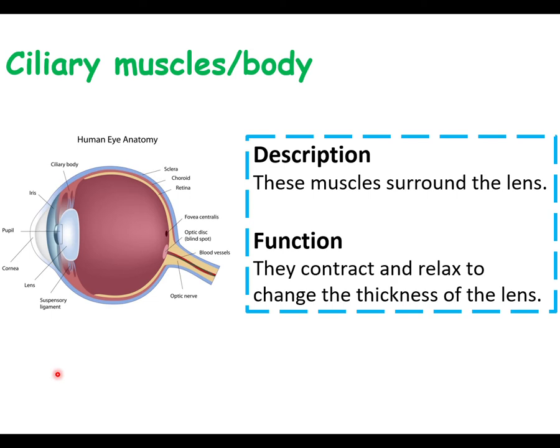So their job is to alter the size of the lens. The lens can go from being quite long and thin to being quite fat and round, and it's the ciliary muscles that are responsible for that. We will do more about that next lesson. But for now, you have to think about how they control the lens.